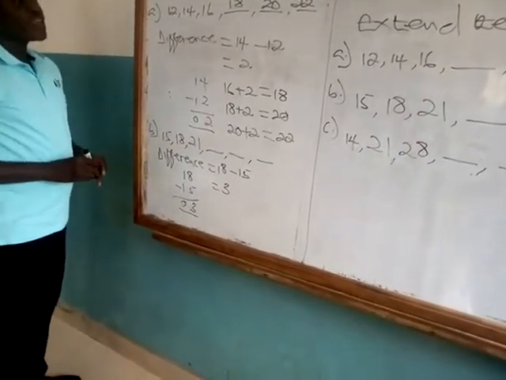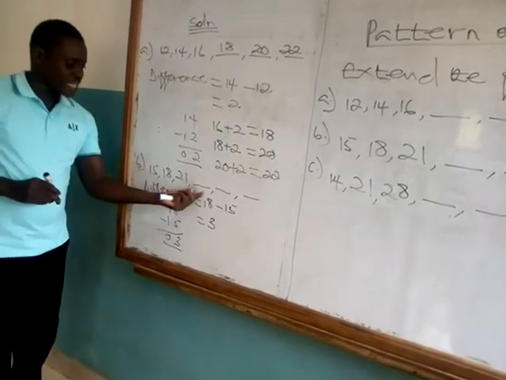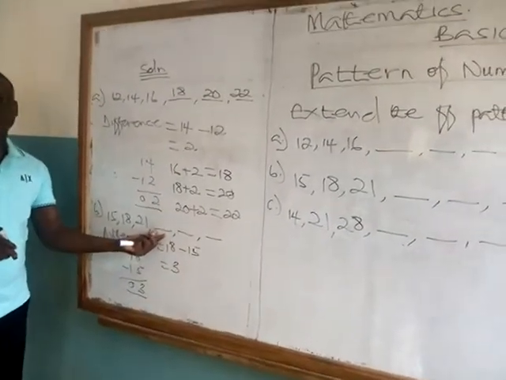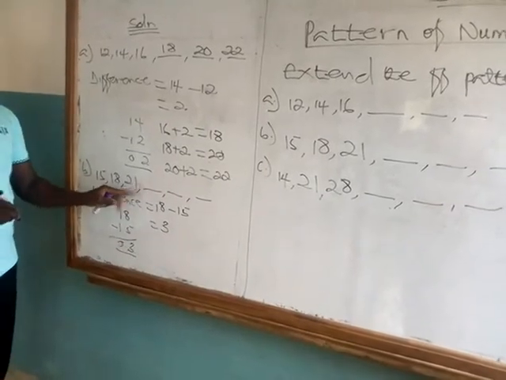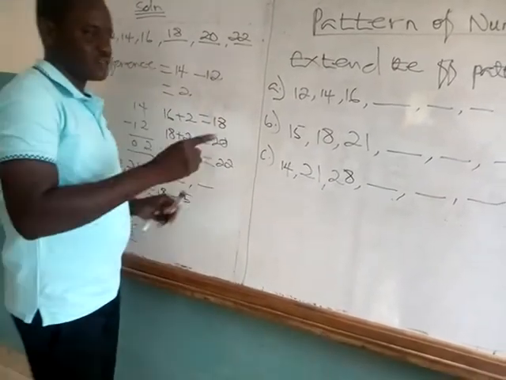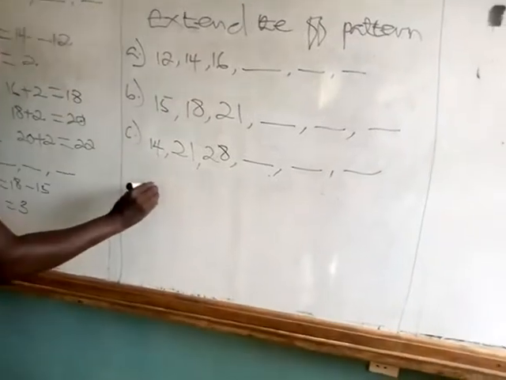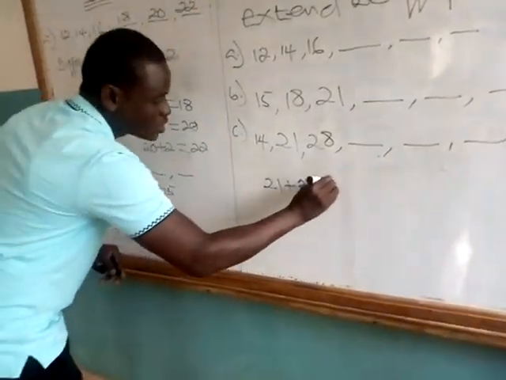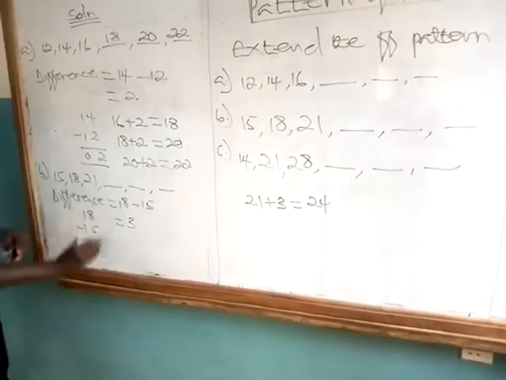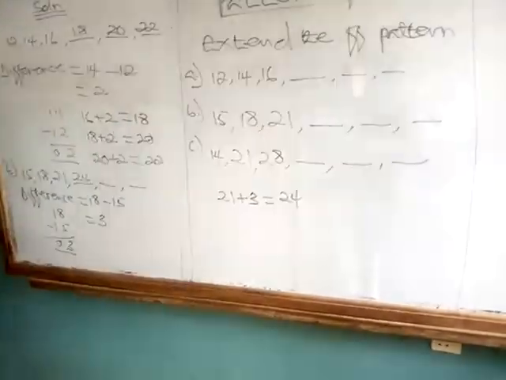The same way, to be able to obtain the digit that comes after 21, you have to add the common difference to 21. So let's do that. You have 21 plus 3, and that will give you 24. And so 24 would be here.